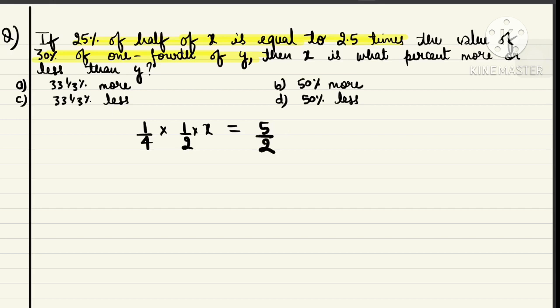The value of 30%, again percentage to ratio conversion, will be 3 by 10, of 1/4 of y. Let's cancel.